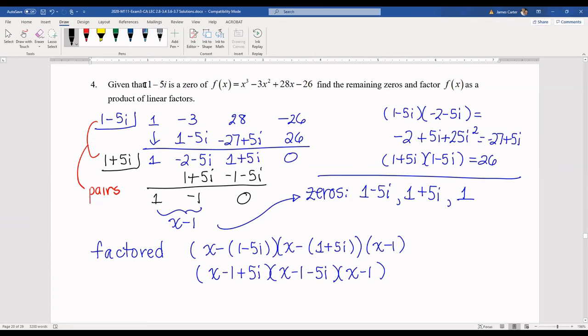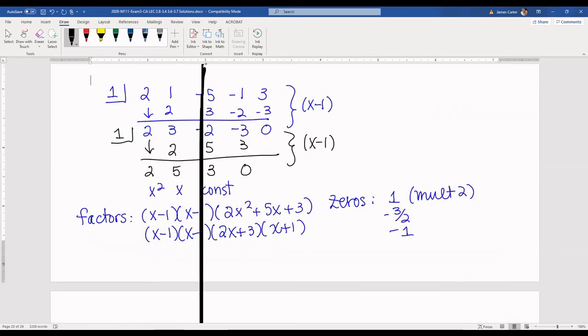Okay. Now, this time it's saying 1 minus 5i is a 0. Now, what that means is that they are saying that x minus (1 minus 5i).